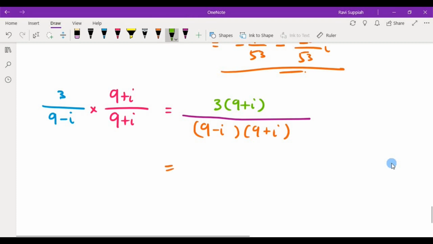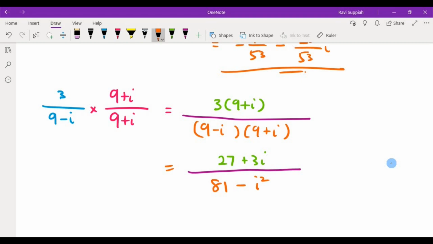What you have next is on the top 27 plus 3i divided by, after a while you will get used to the idea that complex conjugate multiplications will not have the middle term, so I can just focus on the real number squared and the imaginary number squared minus i squared.